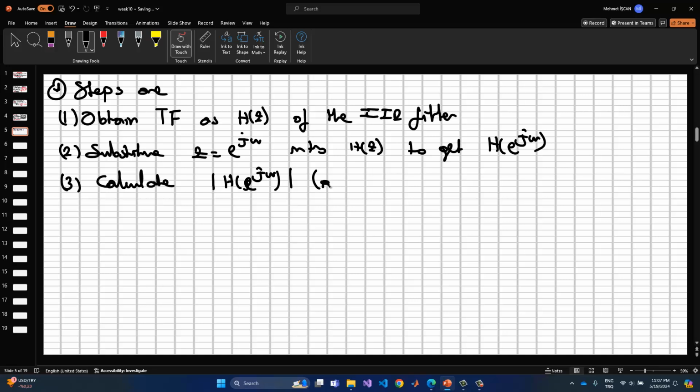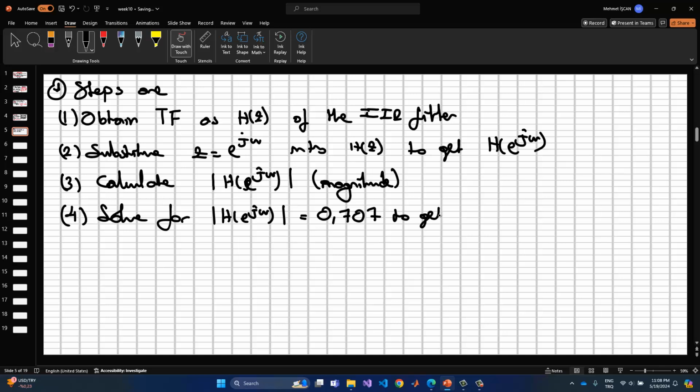This is the magnitude of the response of the filter. Then we need to solve this absolute value equal to 0.707 to get w, in terms of Fc, which is equals to w Fs divided by 2 pi.